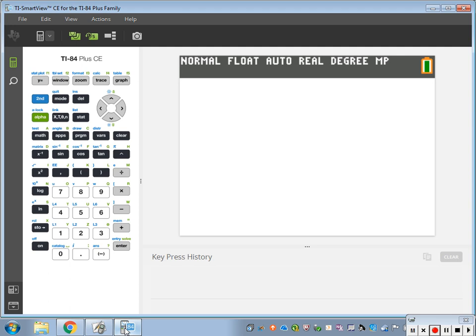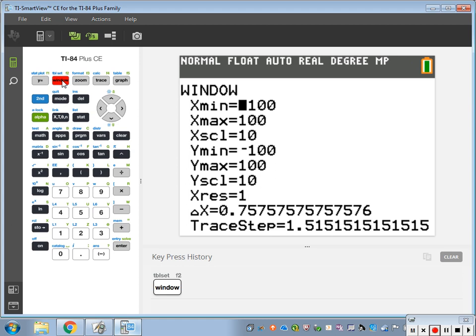For those who know how to do this, hopefully it should be a review from what you've done in your math classes. But before we do that, we're going to set up our calculator's graph window. So please go to the window menu. I already have this set up the way I would like for you to have it. We need to change the scale of our graph so we can fit the types of quadratics that we are going to do.